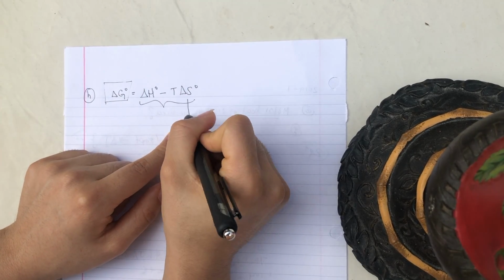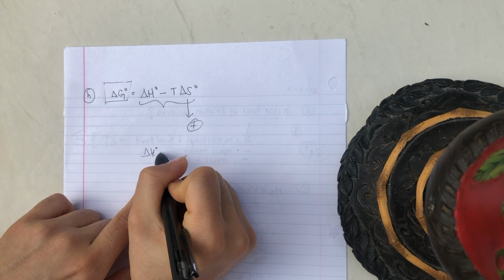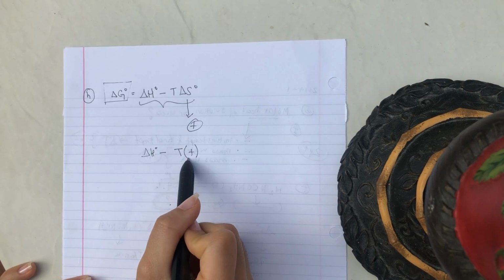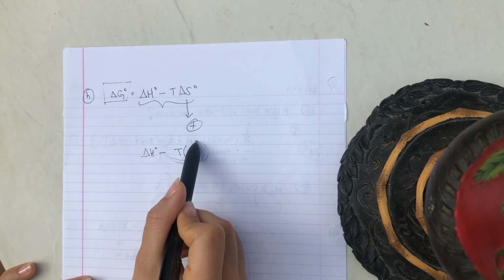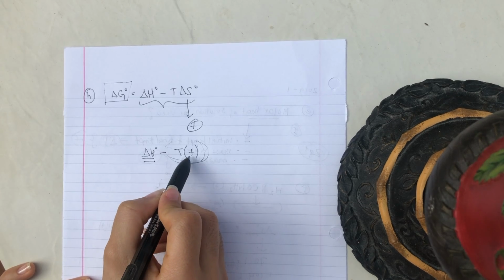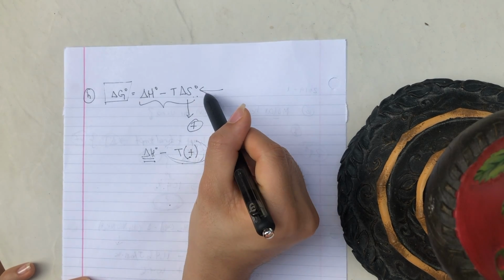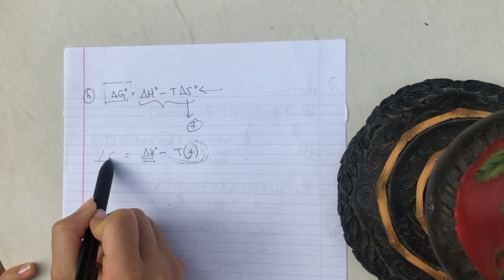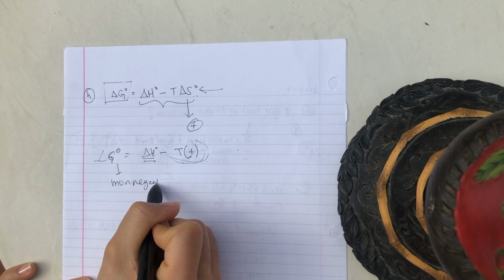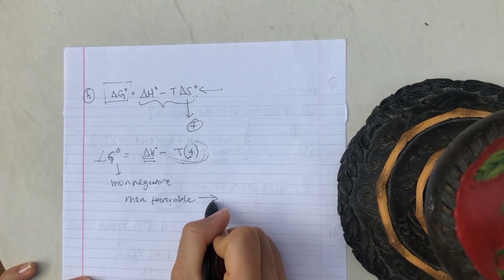However, delta S here is positive, right? So the value of delta H minus the temperature times delta S, because delta S is positive and you're taking away this large positive number from the given delta H value that we have, the delta S value that we have in this given problem is going to keep making delta G smaller, so more negative, and the more negative delta G is, the more favorable the reaction would be.